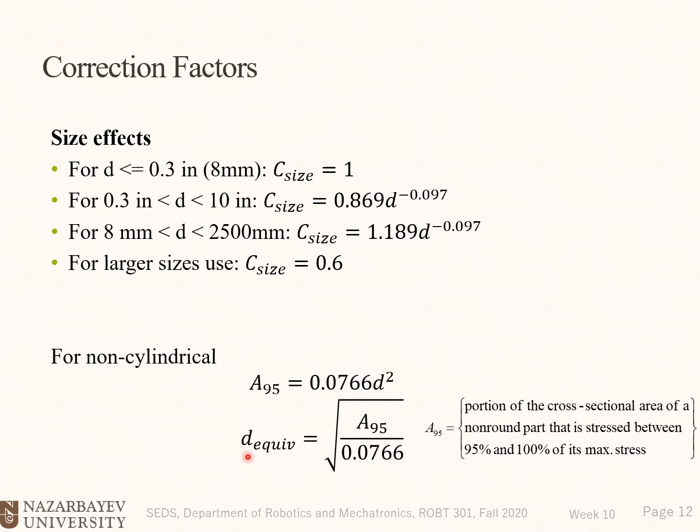So we need to find D equivalent first and put it in these conditionals and see, for example, if D equivalent is less than 0.3 inch, or falls between, let's say, 8 to 2500 millimeter, or is more than 2500 millimeter.